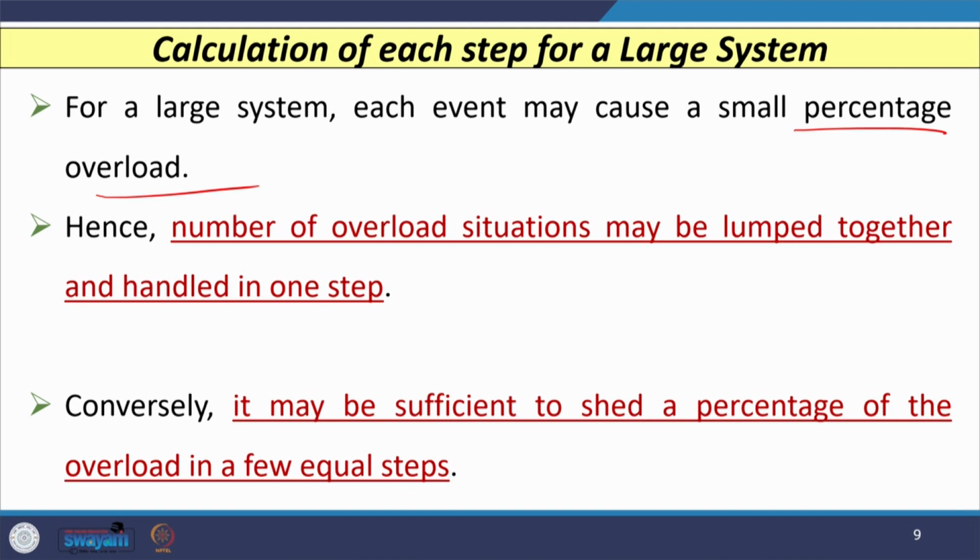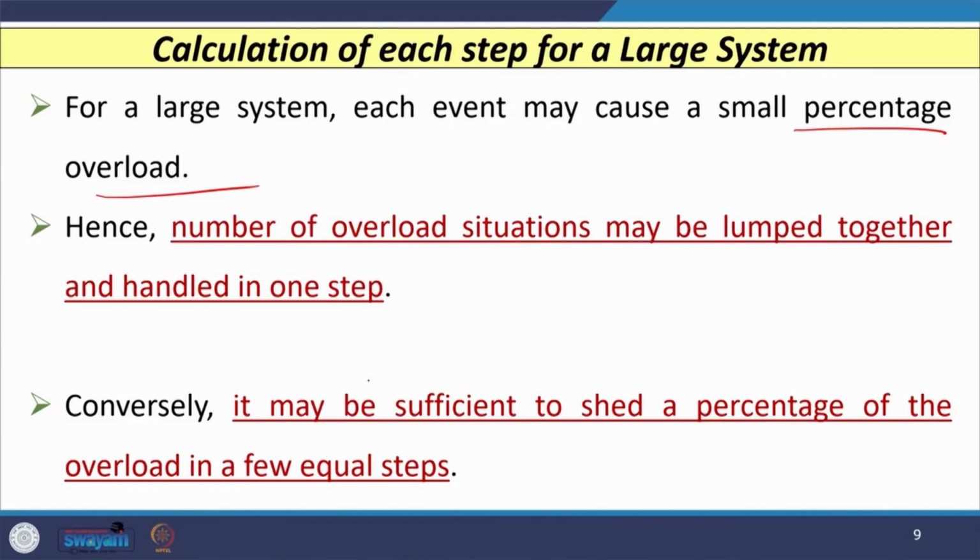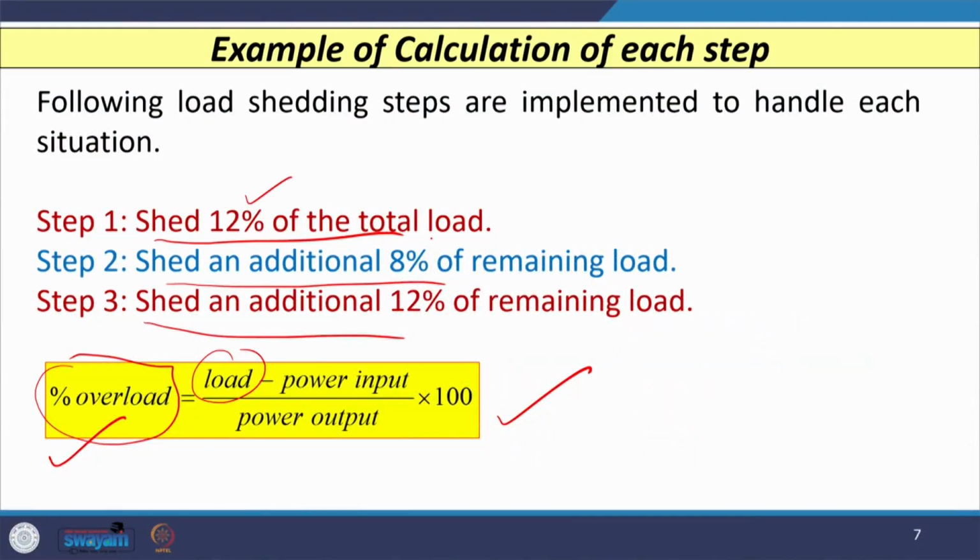Hence, a number of overload situations can be lumped together and handled in a single step. On the other hand, it would be sufficient to set the percentage of overload in a few equal steps, as in the earlier case we considered 3 steps, and during each step we shed the load, maybe 12%, 8% and 12%. So, that we can adopt.